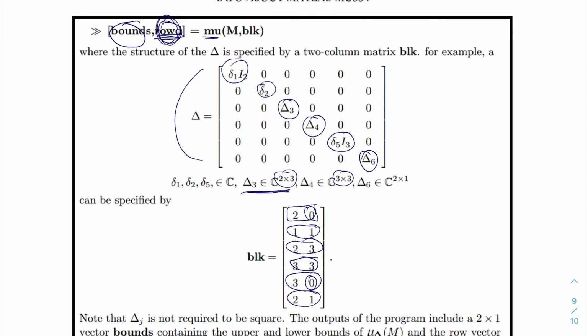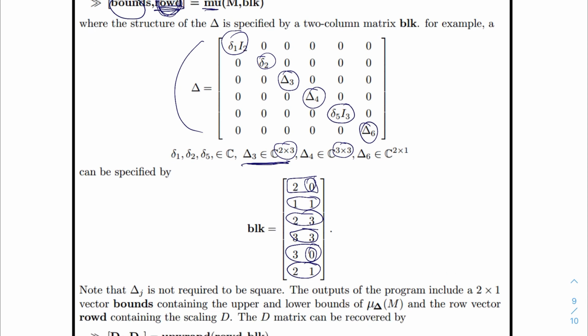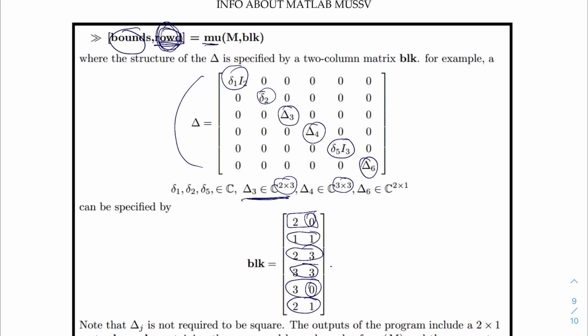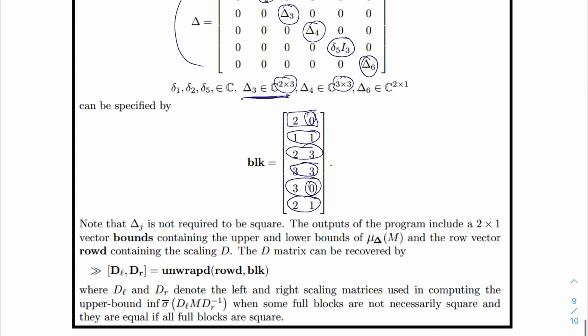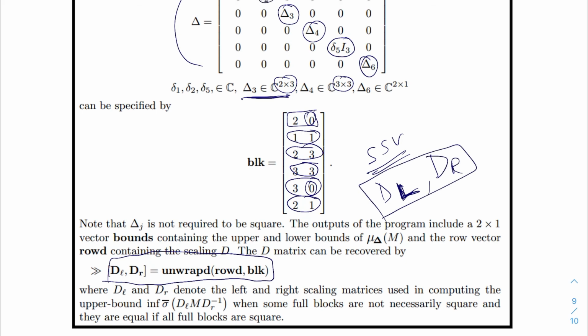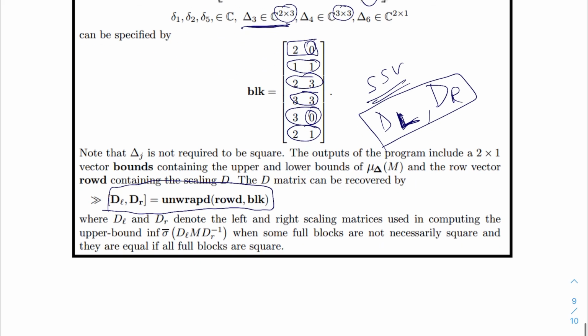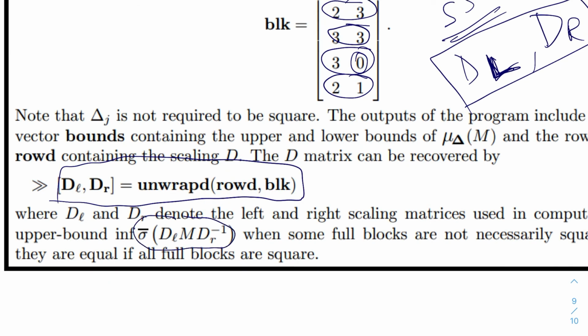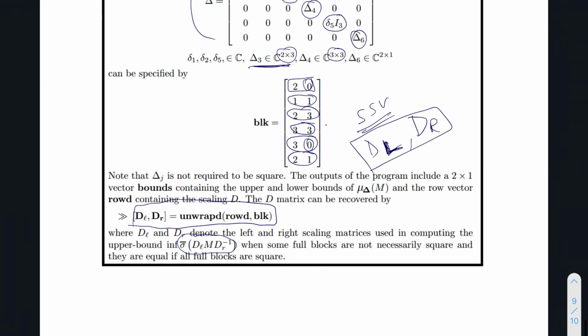And then 2 by 1, again a full matrix. You would use that type of syntax, and then after you computed your SSV, MATLAB would give you d left, and I'm sorry, d right.